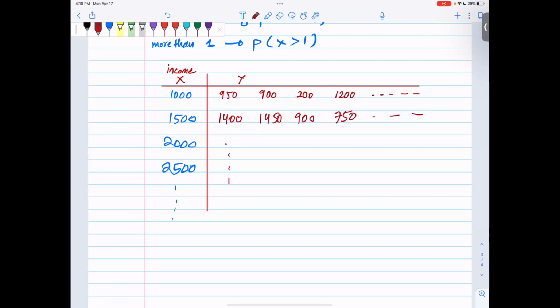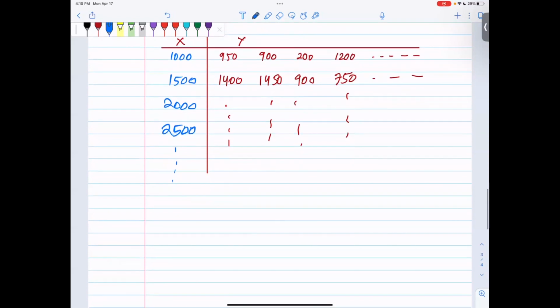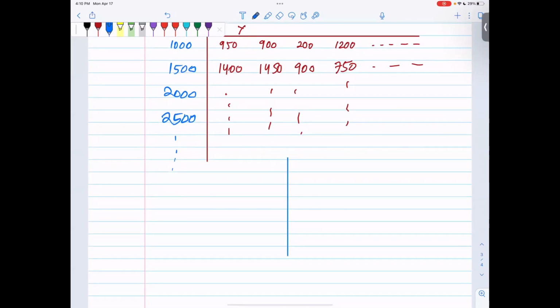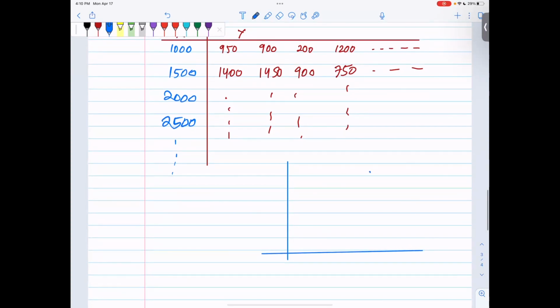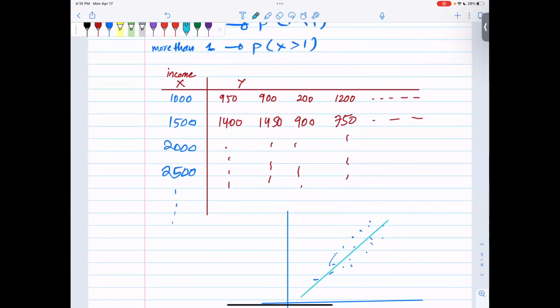So the idea is the corresponding values of y. If we do the regression like this, the scatter plot will be something like this, and this is our regression line. The first condition is that those data here must have a normal distribution.